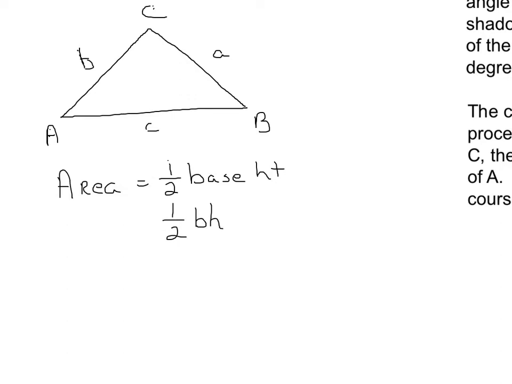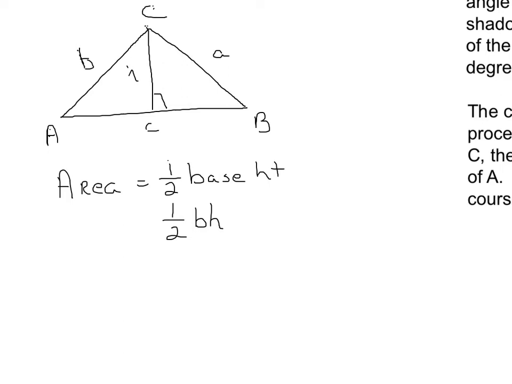In the triangle that I have a base, and if we let side AB represent the base, we could also say that C is the base. If I drop a perpendicular from angle C to side C, that is our height.